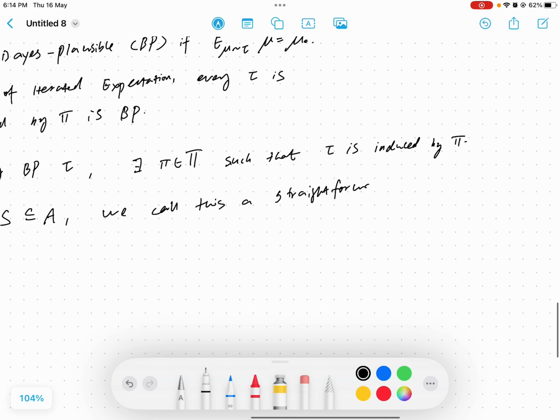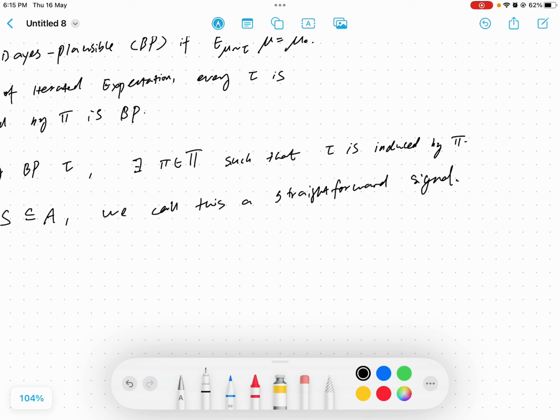So intuitively, the signal is very clear, and the receiver can just follow this signal to take the action.